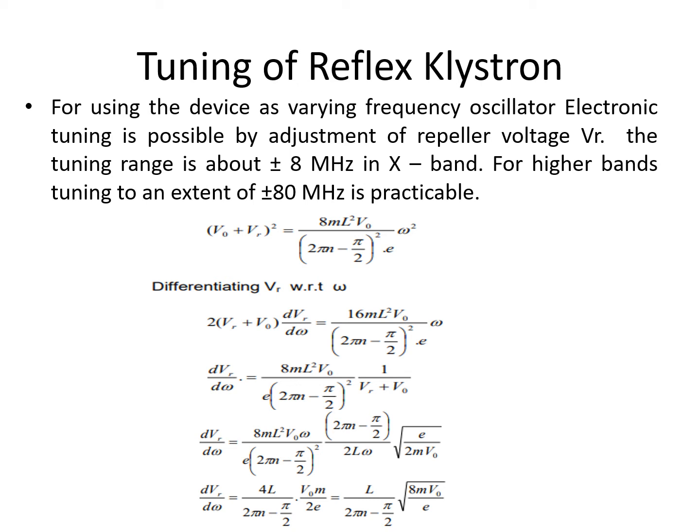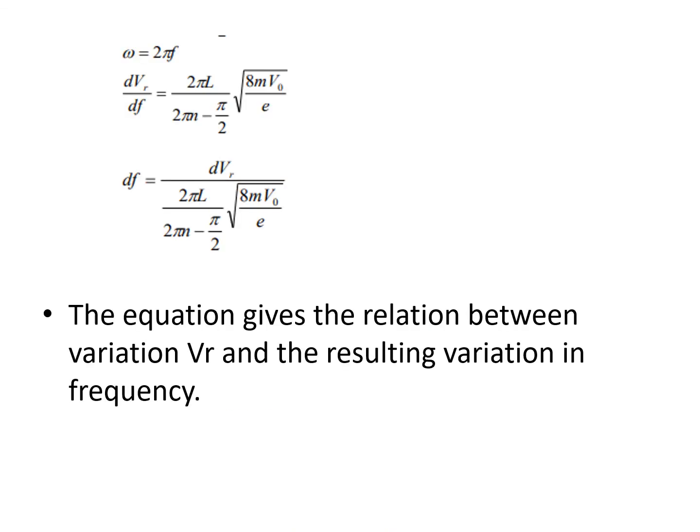Continuing further, we replace ω with 2πf, and when we continue the process, we establish the relationship between the frequency f and the repeller voltage VR. This relation gives the variation of frequency with variation of repeller voltage. Thus the reflex klystron finds application as a frequency varying oscillator.